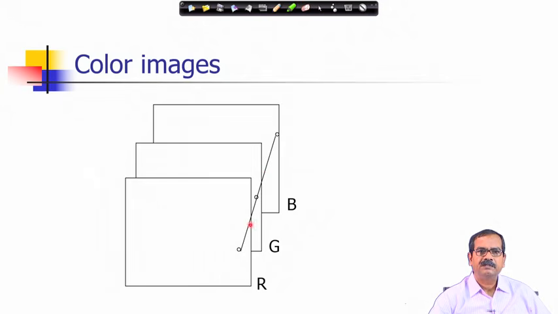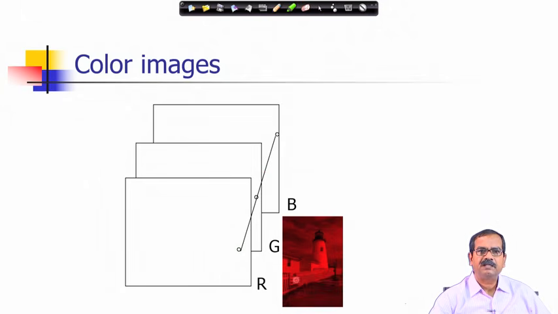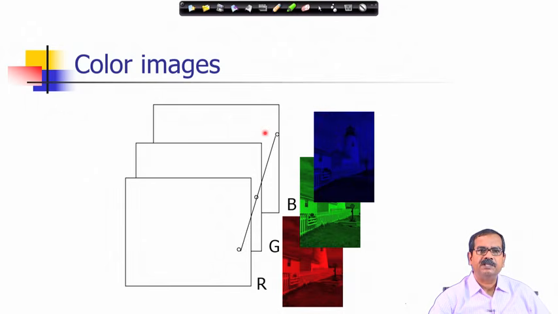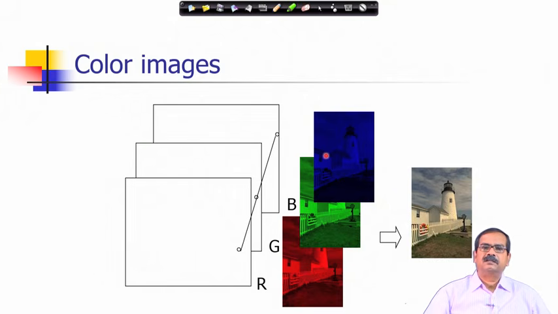So, you will have a red component of the image, which I can display only with red color on the screen, a green component displayed here in green color, and the blue component displayed in blue color. Once we superimpose all these colors on a screen, you get the color representation of the image itself.